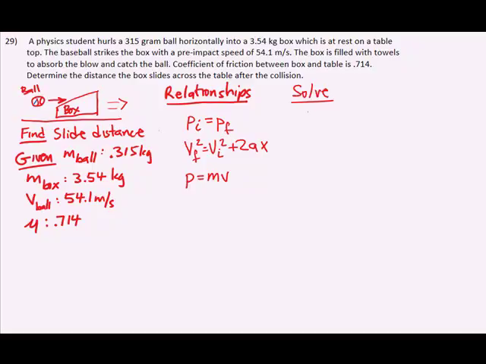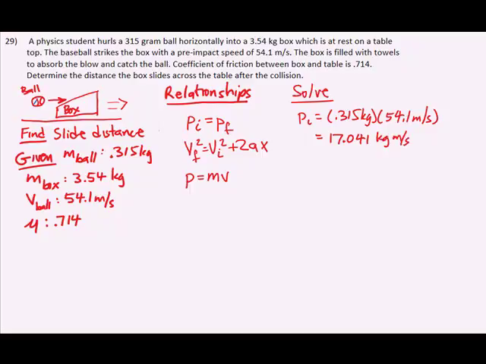First I want to take a look at what the initial momentum is, and that's really just going to be the mass of the ball, 0.315 kilograms, times the velocity of the ball, 54.1 meters per second. That gives 17.041 kilogram meters per second.